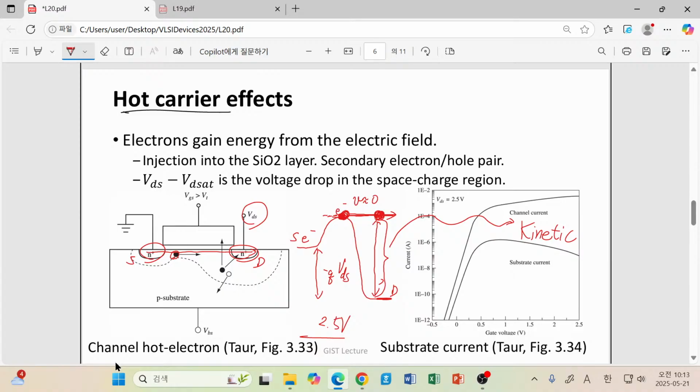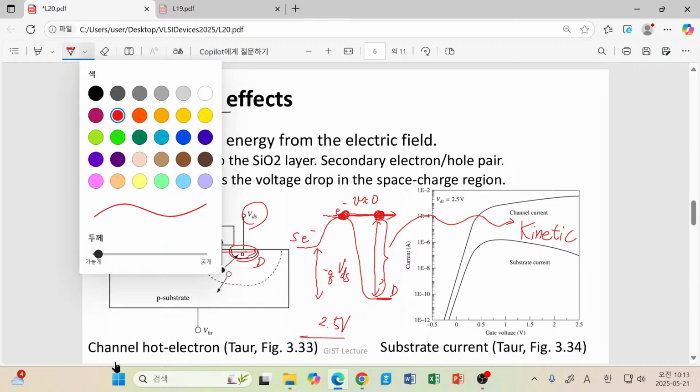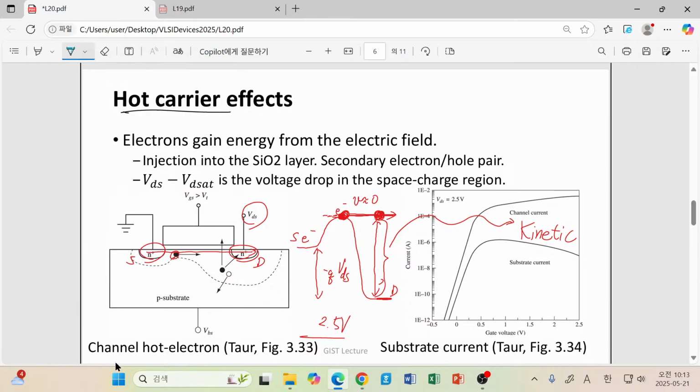For most electrons, the situation is a little bit different. Electrons move a certain distance, and after that a scattering event occurs. When a scattering event occurs, the electron loses energy, and its energy level decreases because it gives certain energy to the environment, the scatterer, and it goes on once again. After that, scattering happens again and again.